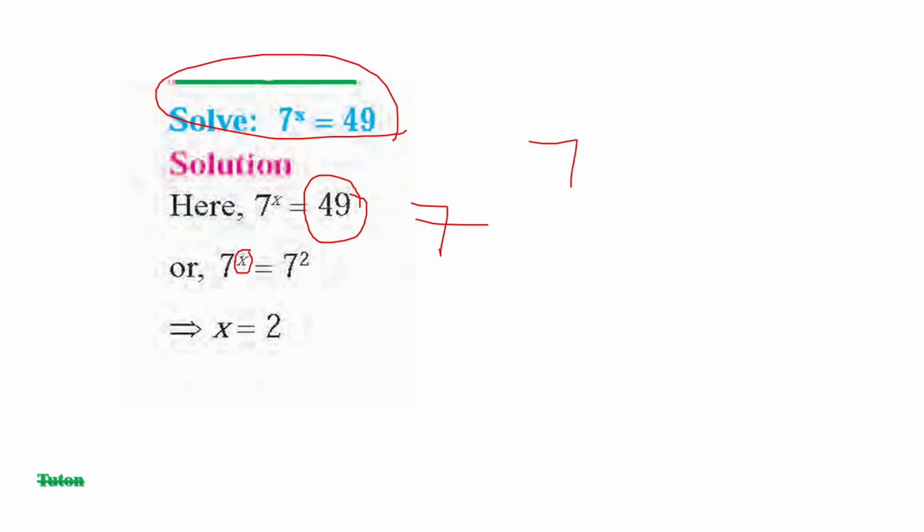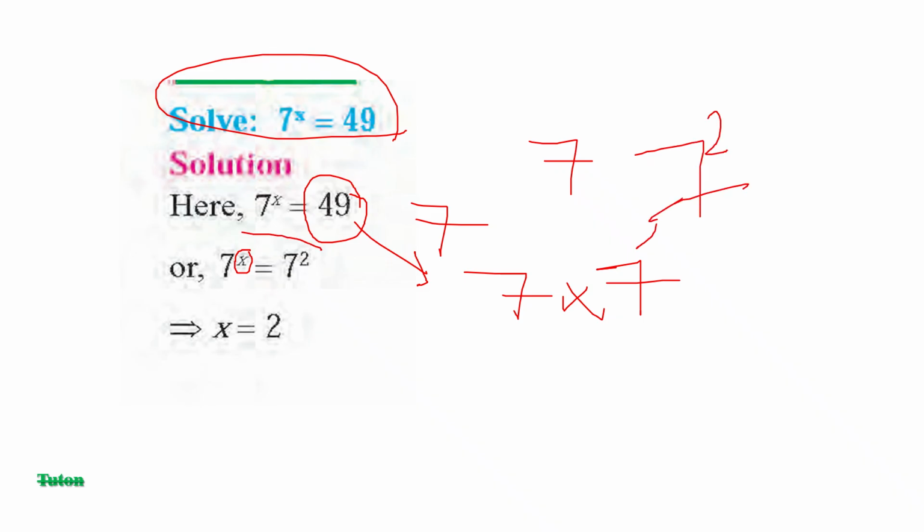As we all know, 7 multiplied by 7 is 49, which is equal to 7 to the power 2.